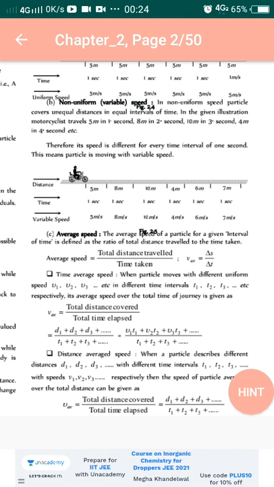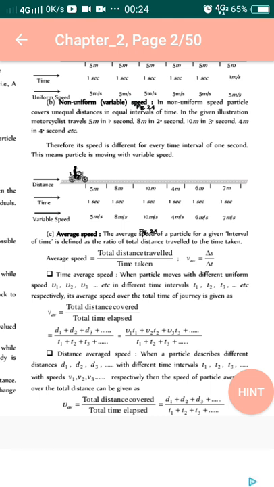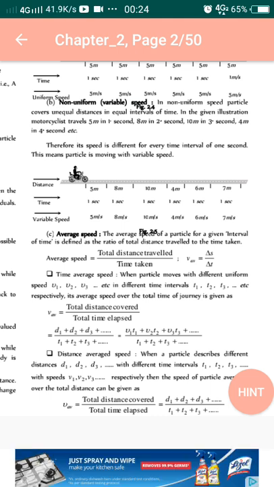Distance average speed. When a particle describes different distances d1, d2, d3 in different time intervals t1, t2, t3 with speeds v1, v2, v3 respectively, then the average speed over the total distance can be given. Average speed equals total distance covered by total time elapsed, which equals (d1 plus d2 plus d3) divided by (t1 plus t2 plus t3).